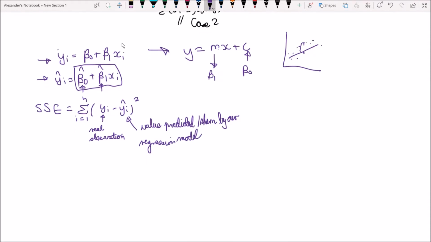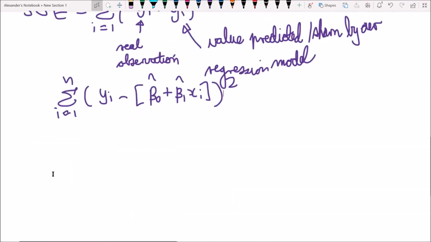So let's plug them into the SSE equation. It's the summation from i = 1 to n of (yi − (beta 0 hat + beta 1 hat xi)) squared. Don't forget the squared. We want to minimize the sum of squared errors.